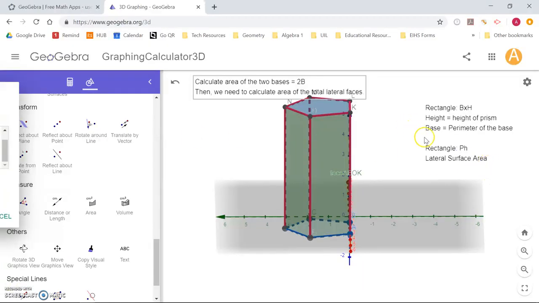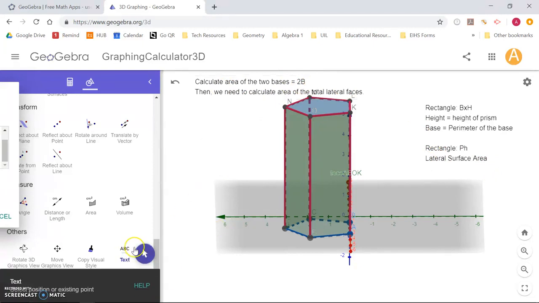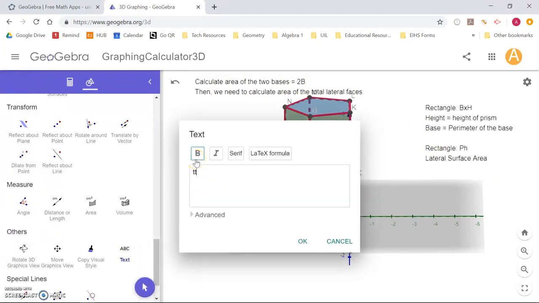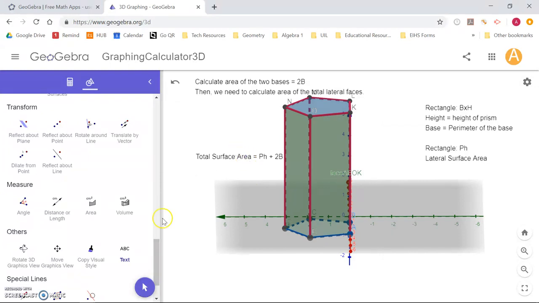So now we have our lateral surface area, and we know our area of the bases. So to find our total area, we will just have to add up the lateral area, which is perimeter times height, plus the two bases. So that's how we develop the formula for surface area of a prism.